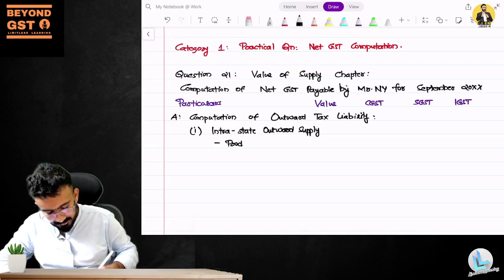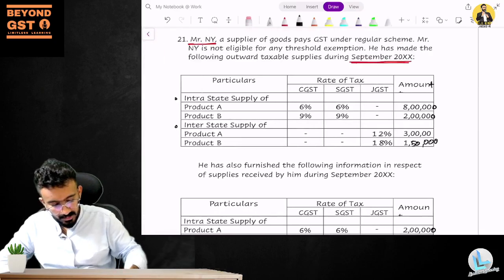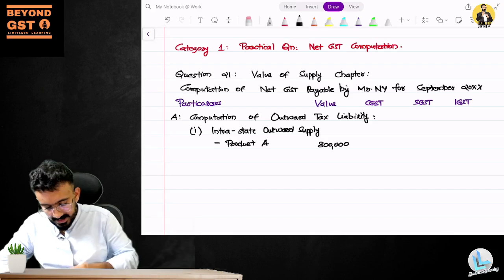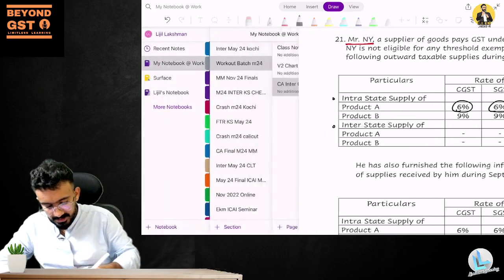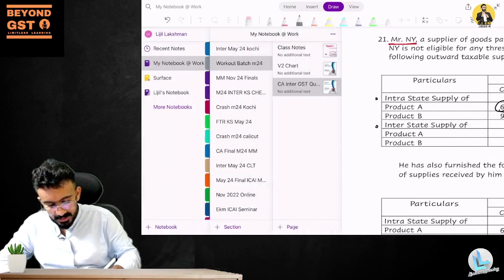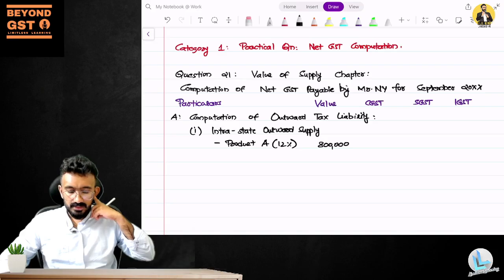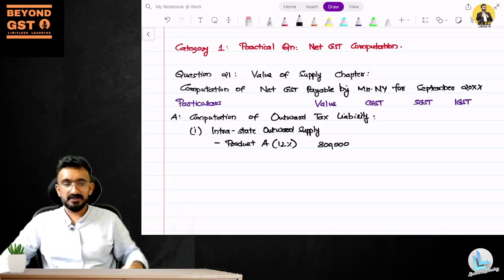I have product A. What is the value for product A? It is 8 lakh. What is the rate applicable for product A? The rate for product A is 6% and 6% each, that is, it's a 12% product. What will be 6% of 8 lakh?